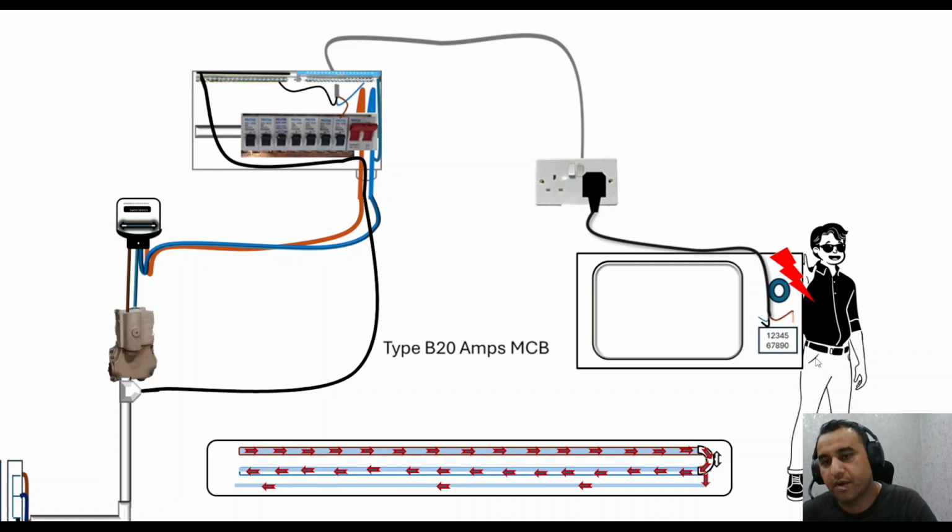You might feel a tingle, but it could be an issue if this cable is disconnected somewhere, broken, or loose inside the socket. In those circumstances this current has no path, and it will go through your body to the ground, and this is where you can get a shock.